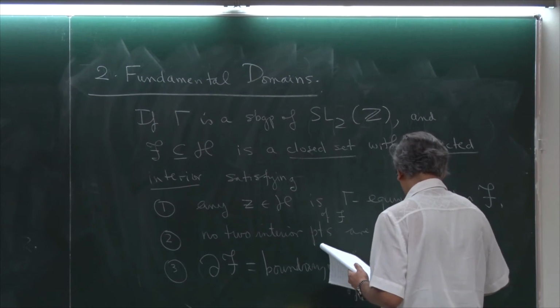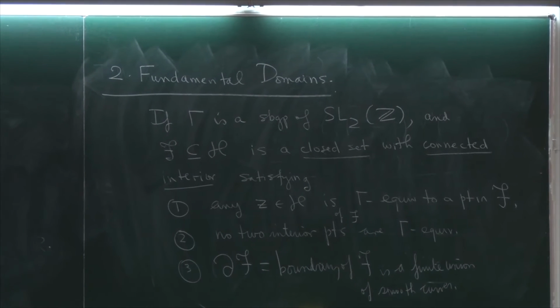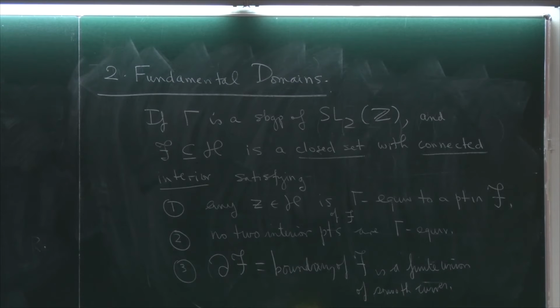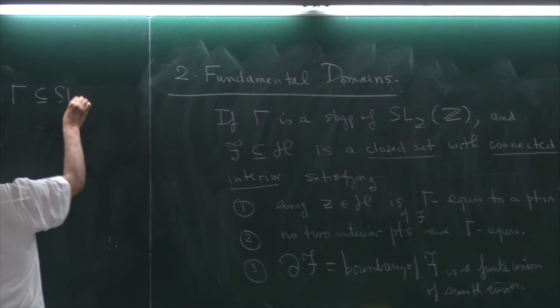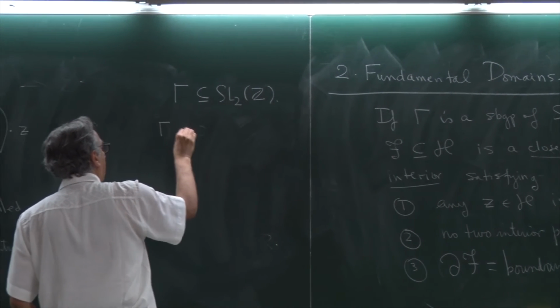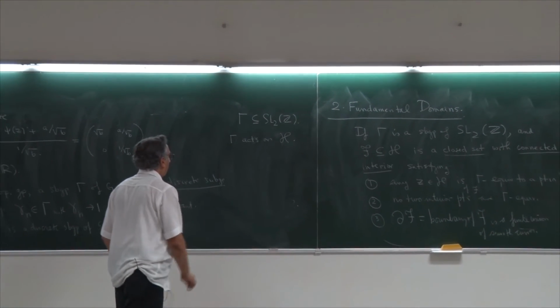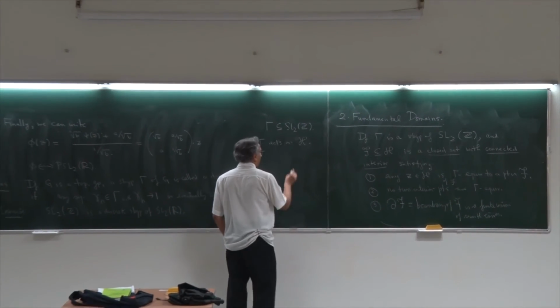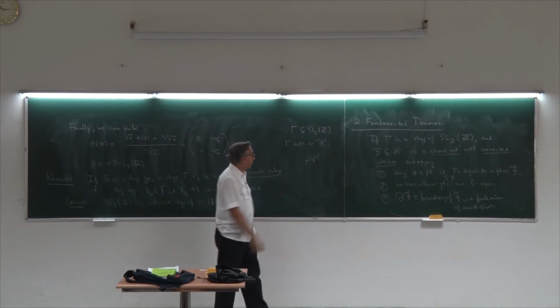Okay, so here's the point. Remember yesterday we talked very briefly about groups acting on sets and topological groups acting on topological spaces. So here we have a discrete subgroup gamma inside SL2Z, and we know that gamma acts on the upper half plane. And we would then like to study the collection of orbits. So this is the orbit space.